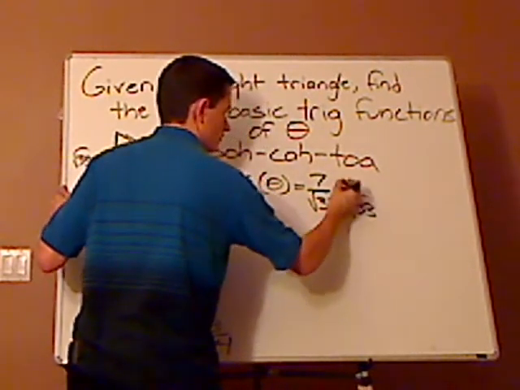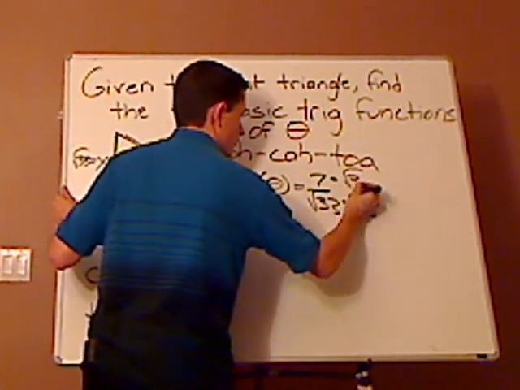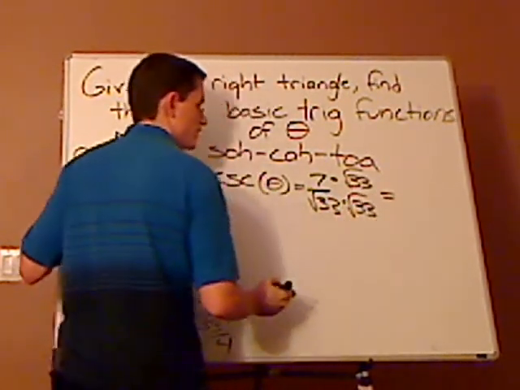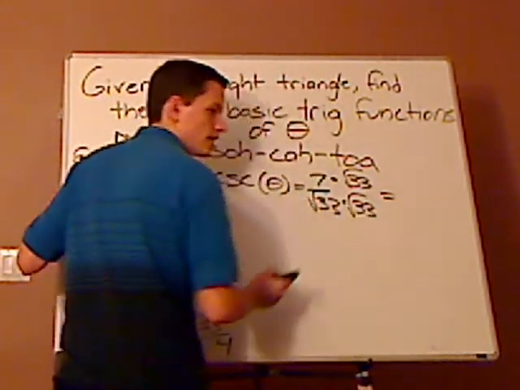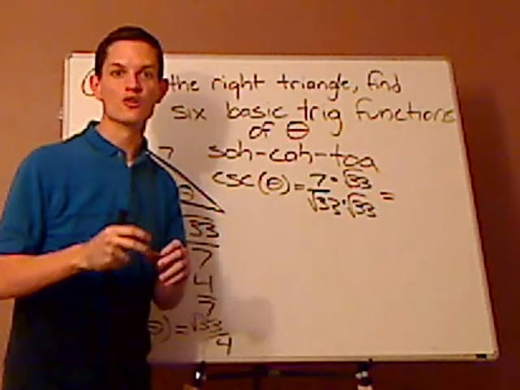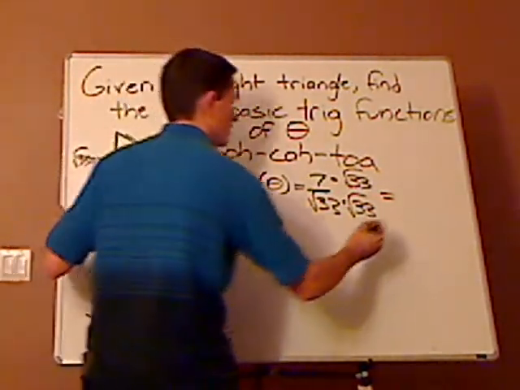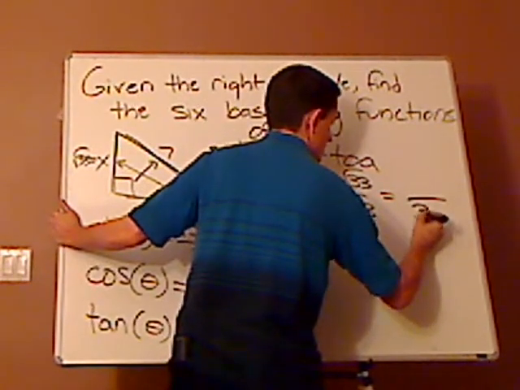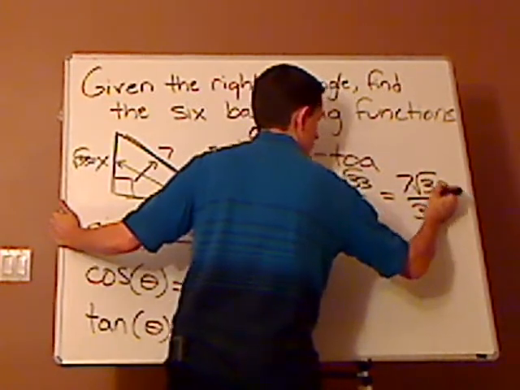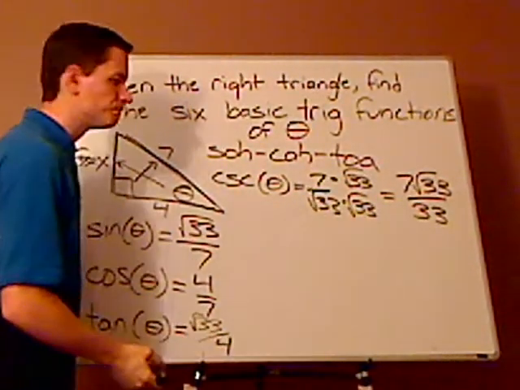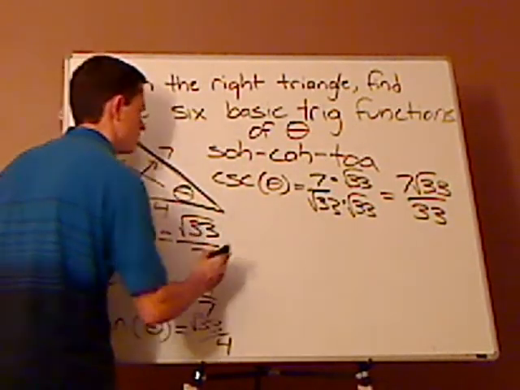So you multiply the top and the bottom by square root of 33. By doing so, square root of 33 times square root of 33 becomes 33. So it becomes 7 square root of 33 over 33, because you can't simplify it. If you could, you would, but here you can't.